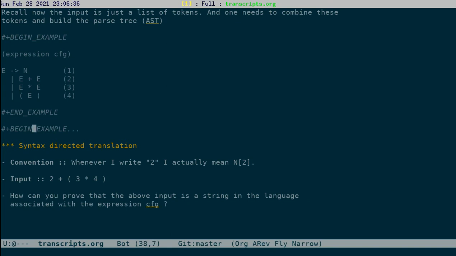So what we do is we can think of these CFG rules as a production system where you generate strings by replacing the left hand side with the right hand side.